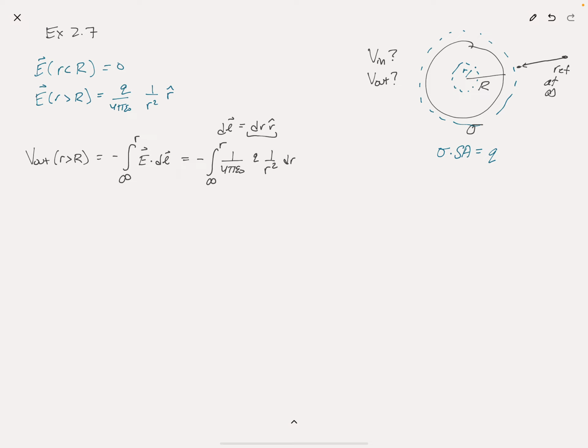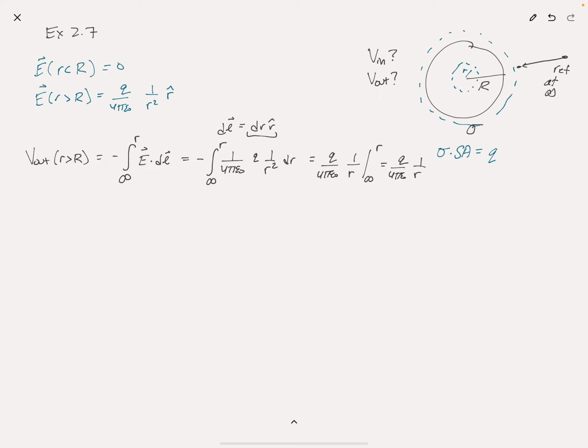Can do that. We did that integral before. That's Q over 4 pi epsilon naught, 1 over r, evaluated at infinity and r. I'm being sloppy about what's r in the integrand and what's r in the function. That becomes Q over 4 pi epsilon naught, 1 over r.